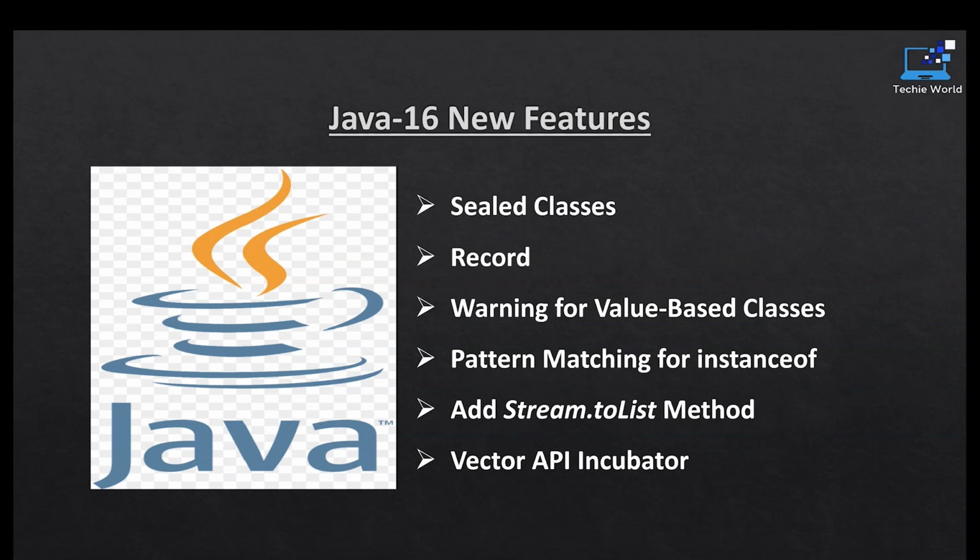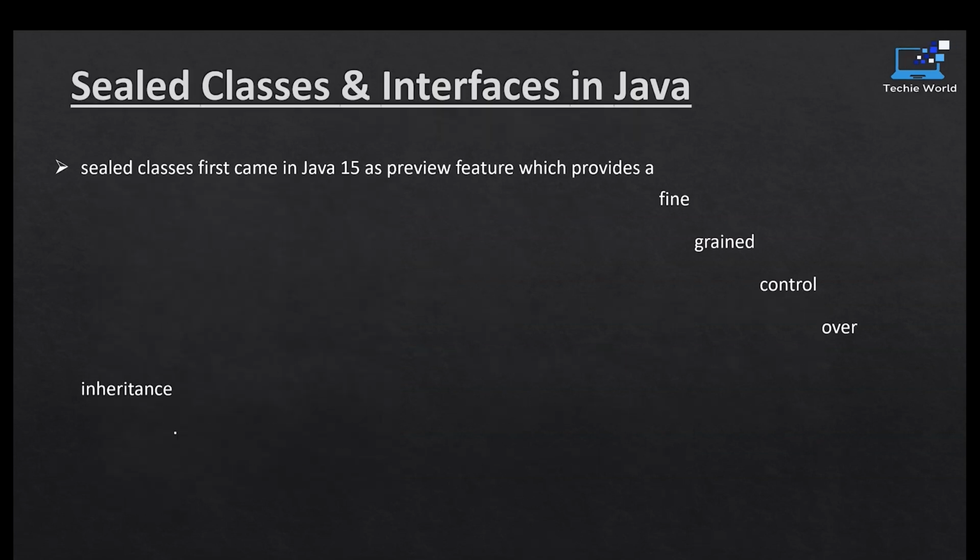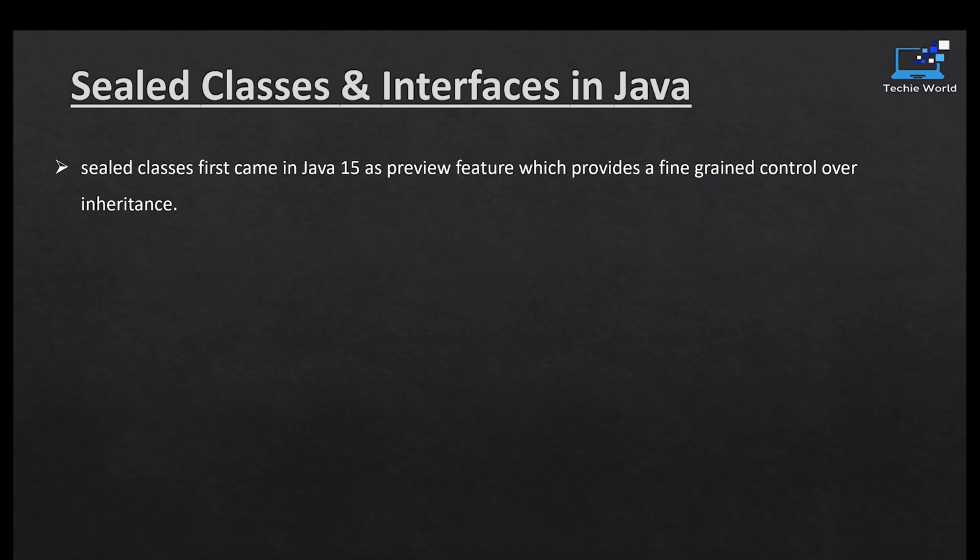sealed classes were introduced. If you see the first point about sealed classes in Java, sealed classes first came in Java 15 as a preview feature, which provides fine-grained control over the inheritance. What does this mean? Earlier, let us say we have a class A, and you have some methods written in class A. Now you cannot control which class can extend class A. If you want to prohibit the inheritance, then you can make class A final.